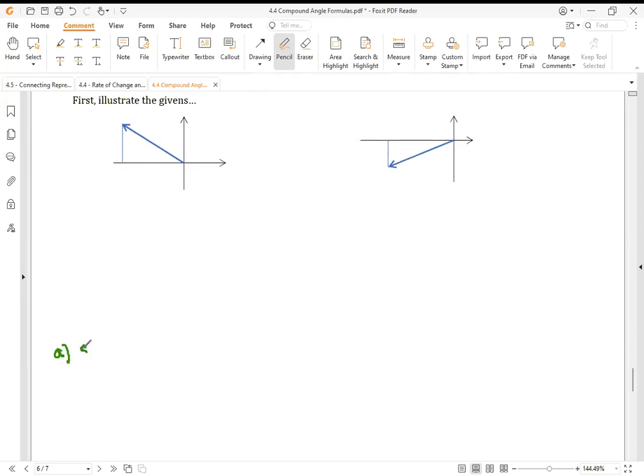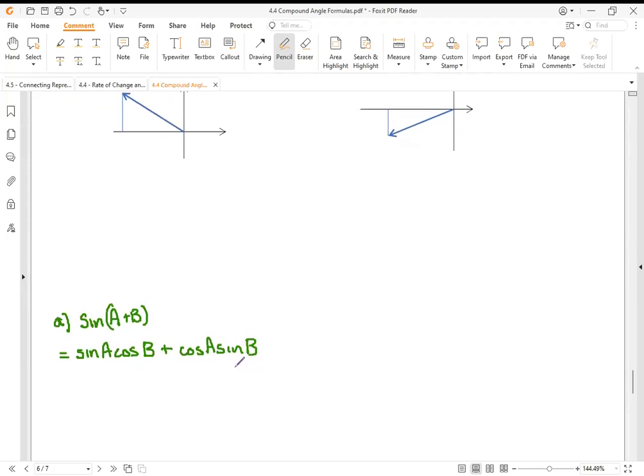A. What is sine of A plus B? Okay. Using compound angle formulas, that is going to be sine A cos B plus cos A sine B. Well, what do we know about sine A?